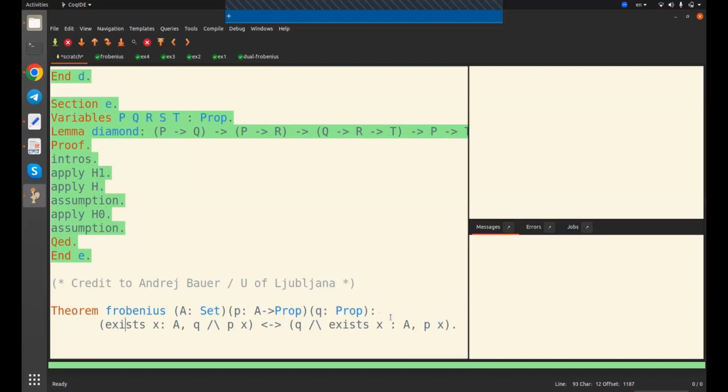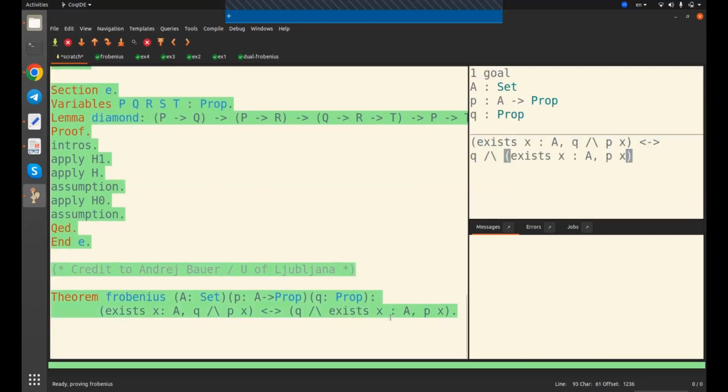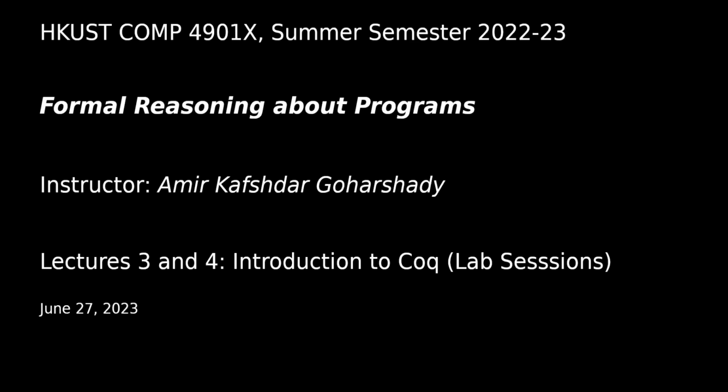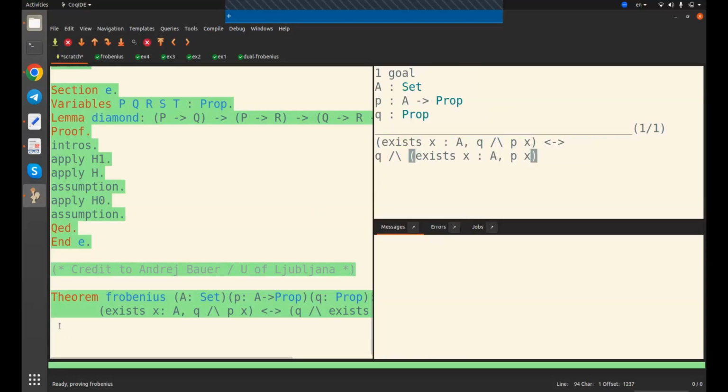So I want to say that there is an element X in A such that Q and P of X holds, if and only if Q holds, and there is an element in A such that P holds. Okay, pretty intuitive what we're doing here. But can you prove this? So what's the first step you would do?